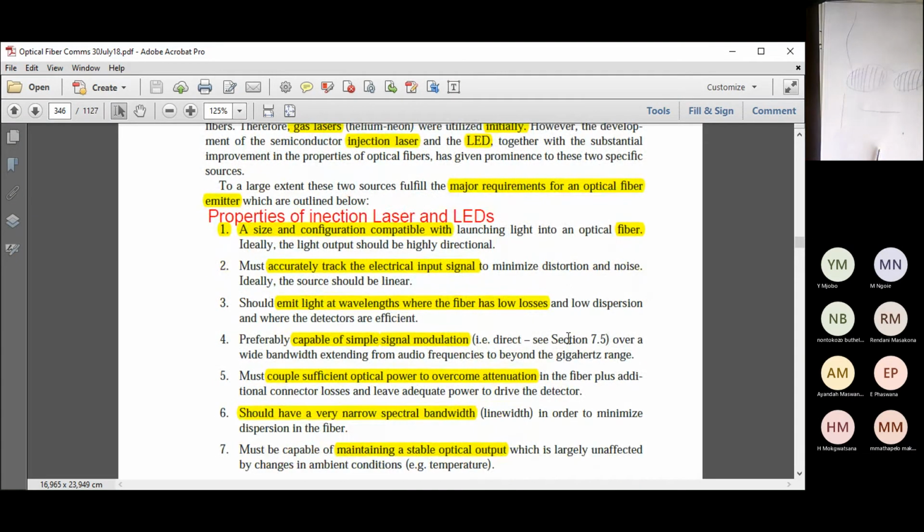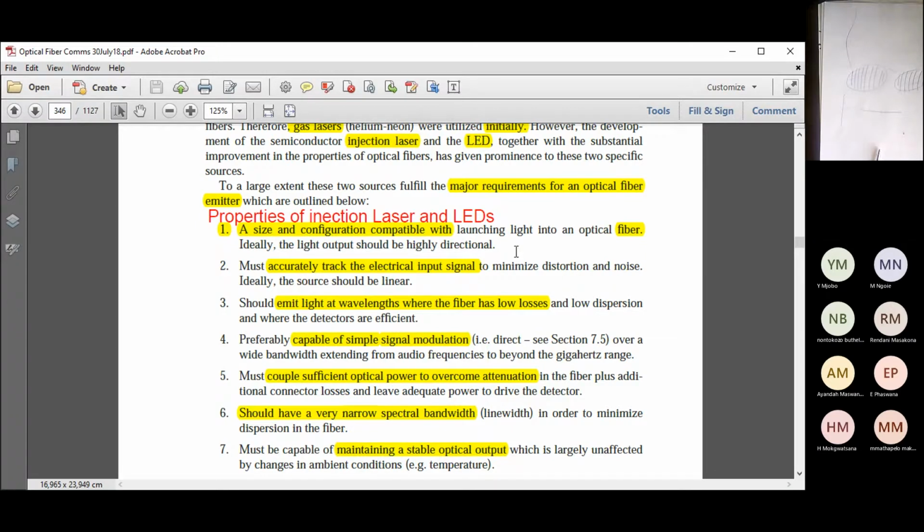Properties of injection laser and LEDs, right? You must know them. The size and configuration must be compatible with launching light into the optical fiber. So the size must be compatible with the fiber. The light output should be highly directional.